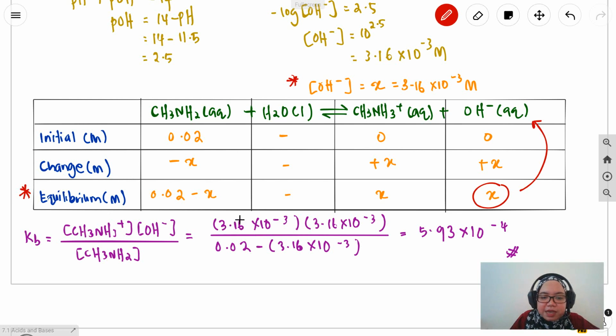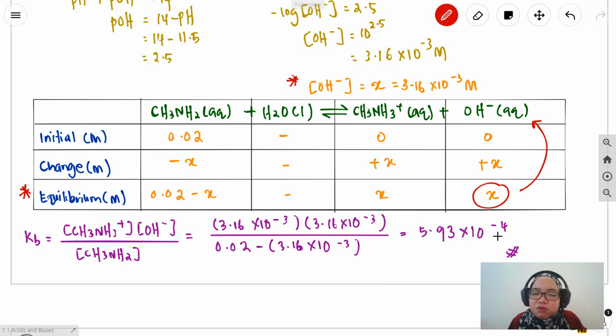Okay, so X squared lah kiranya kan. So, X squared divide by 0.02 minus X, betul? So, kita substitutekan terus nilai X dalam ni. So, kita akan dapat the value of Kb is 5.93 times 10 negative 4. So, dissociation constant does not have any unit. Okay. So, this is how you find the dissociation constant for Kb.